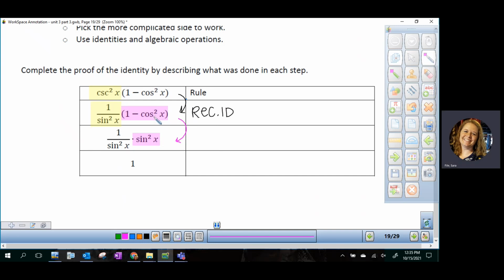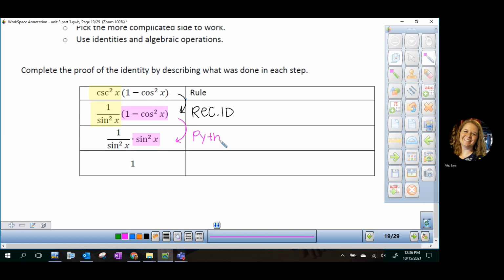So that table that we made in part 1 with all the different arrangements of the Pythagorean IDs, does one of them have 1 minus cosine squared? And what's it equal to? To sine squared. That's why they're able to make that substitution, because those are equivalent to each other by Pythagorean ID.